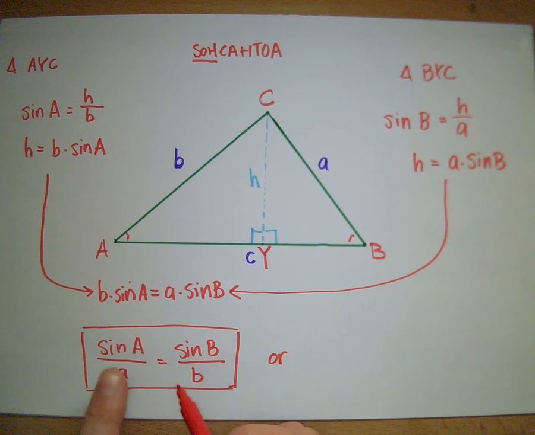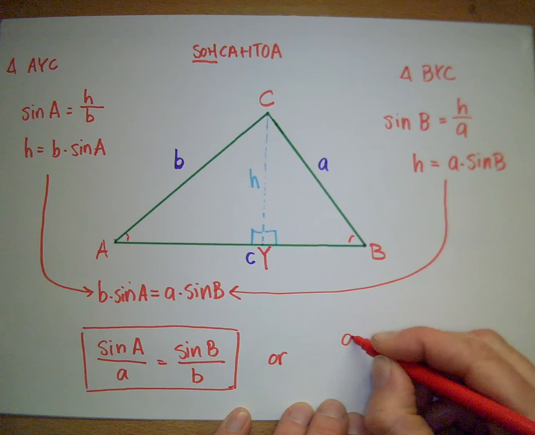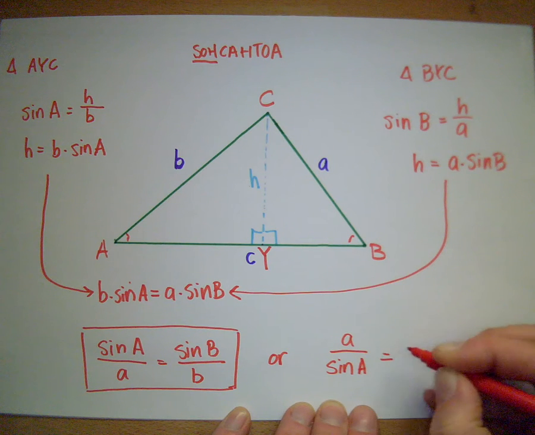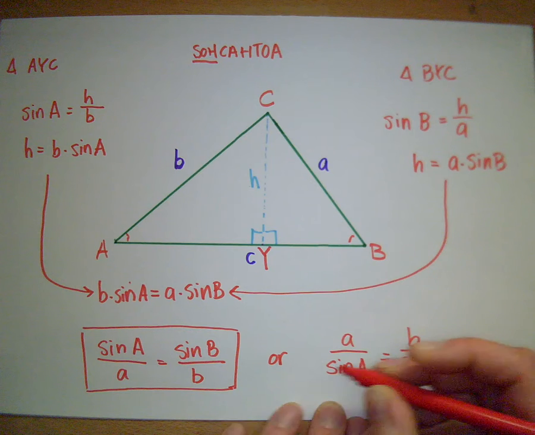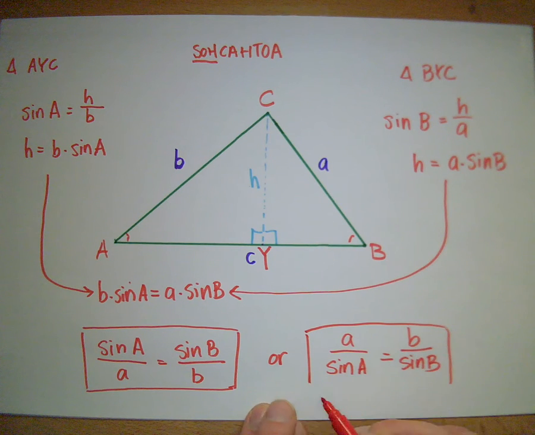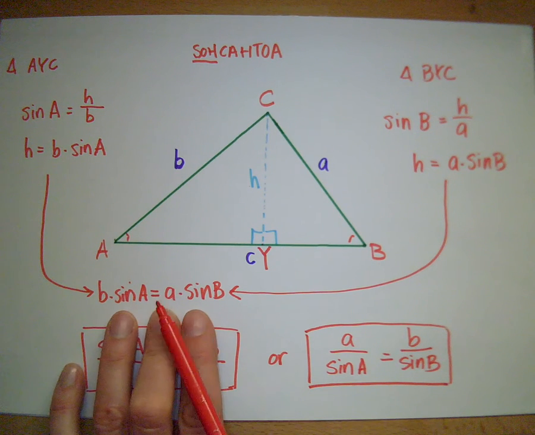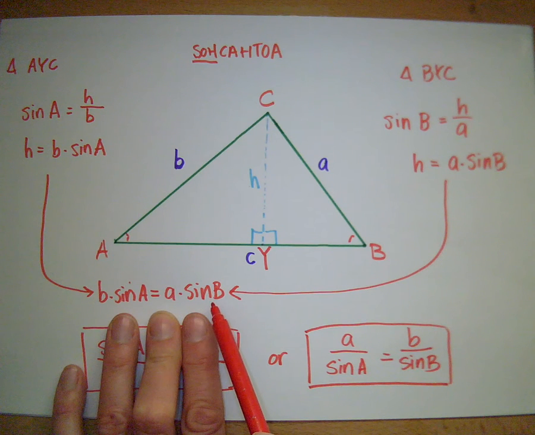We can use this to find missing angles, missing sides. We could switch this around depending on what we're trying to find in a problem. We could also state it like this. Right? If we go from here, divide both sides by sine of A, divide both sides by sine of B, we would get this.